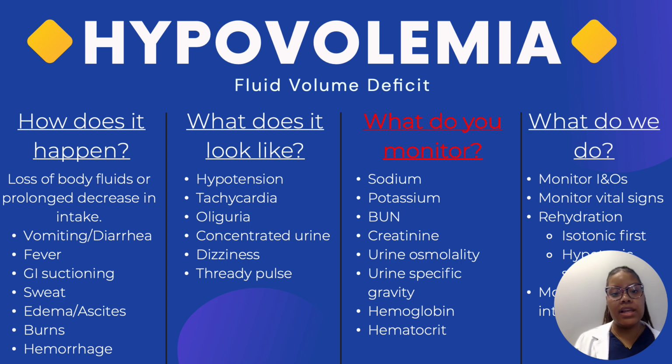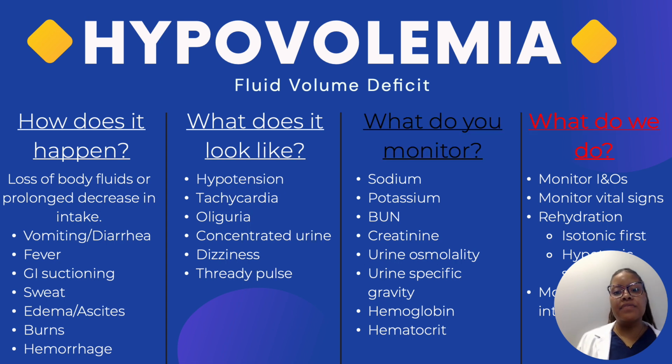Now another one, the last one I want to talk about is your hemoglobin and your hematocrit. That may be increased due to your hemoconcentration from your fluid loss. So those are different types of lab values that you want to monitor if your patient is in fluid volume deficit.